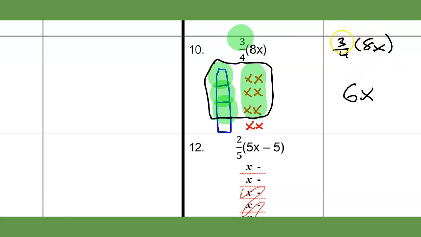Now, if we want to prove that and show that, we can do this. We can multiply the top and then divide by the bottom. So we got 3 times 8, which is 24, and then divided by 4. You can see 24 divided by 4 does equal 6. Okay. So that's the process you want to use.